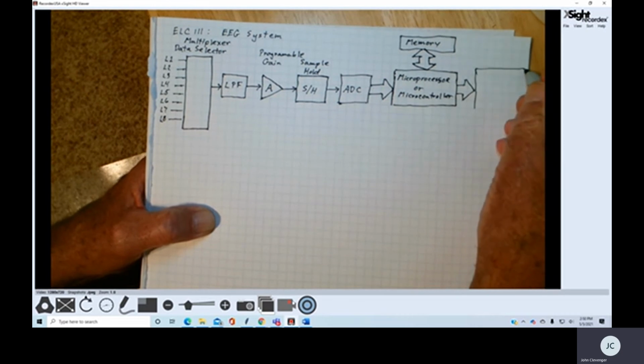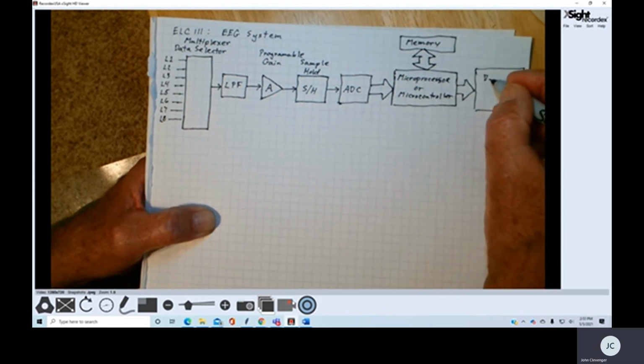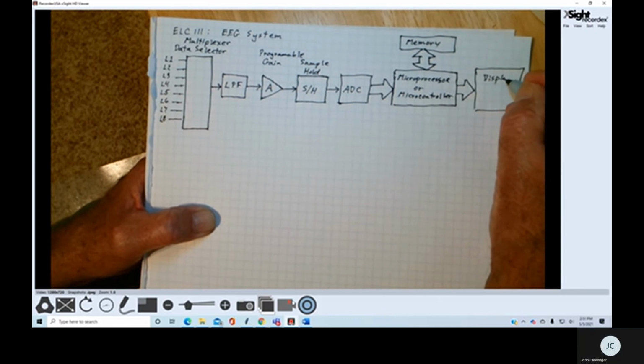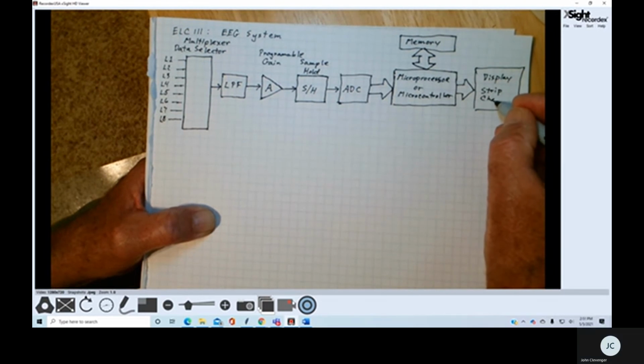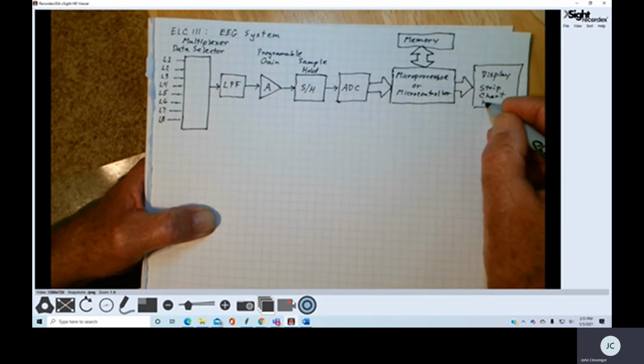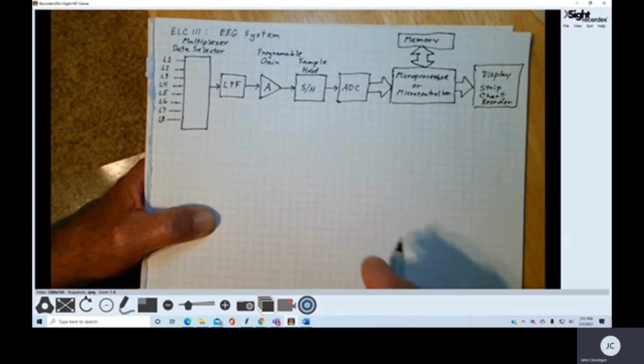And so we're going to put one more block over here, and this is going to be our display, or as we call it here, our strip chart recorder. There we go.